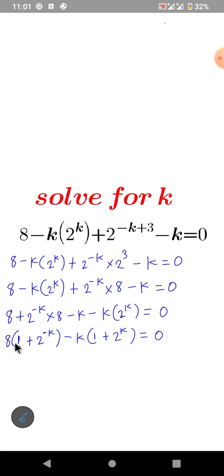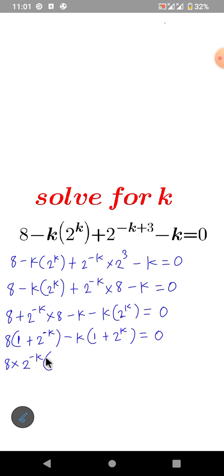Now I can still go further in factorizing this expression inside the brackets. So I'm going to write this 8. So we say 8 multiply. Now I'm going to take this 2 raised to the power of minus k outside. So here will now be 2 raised to the power of what? Minus k. Then I'll open my bracket.